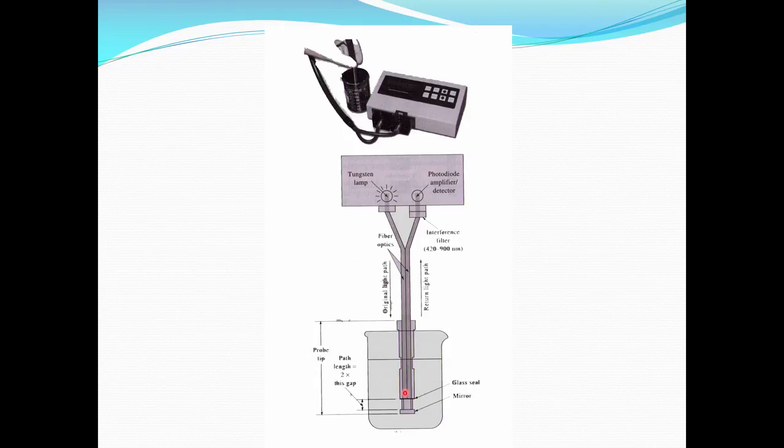So, the radiation will pass through like this, reach a mirror or something like that, and then again travel through the same distance. That means path length will be doubled and then it will reach the detector. So, for a given solution, the path length is always double in this design.